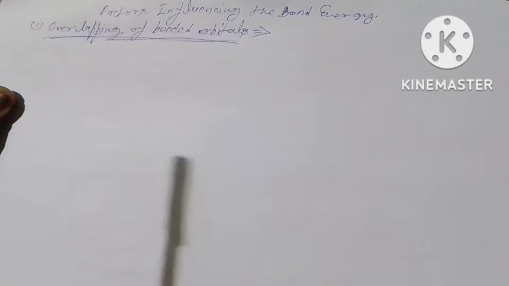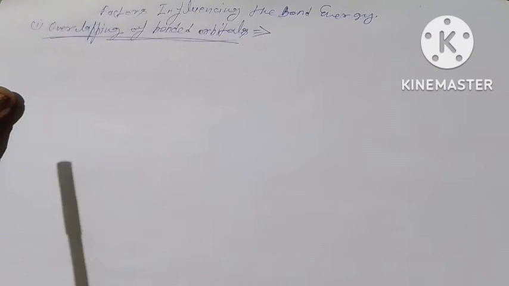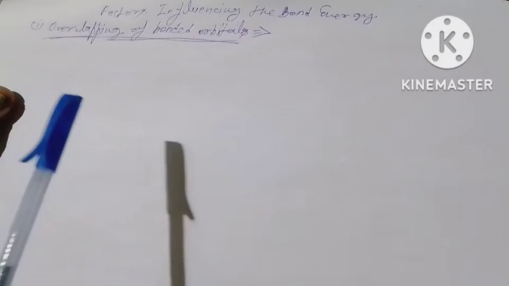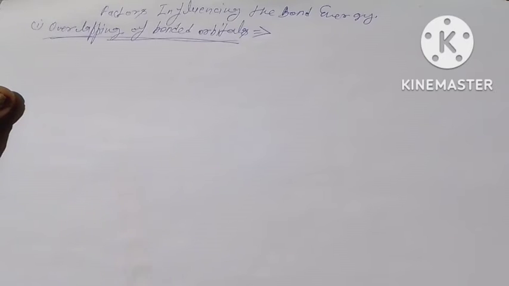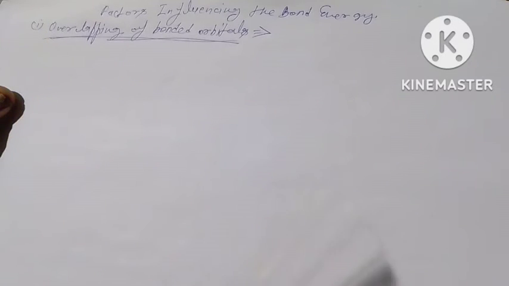Energy of axial overlapping is more than sidewise overlapping. Bond energy depends upon the extent of overlapping. Greater the extent of overlapping, more will be the bond energy.